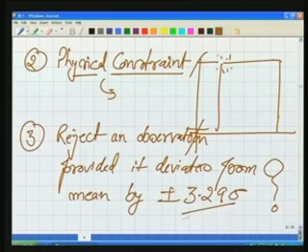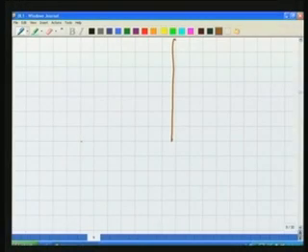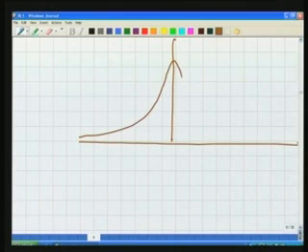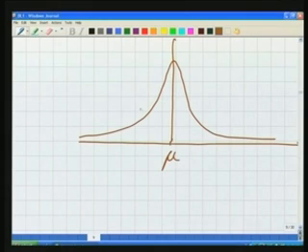Why 3.29 sigma? Well, if you look at the normal distribution curve, it is like this, where this is the mean and we will have the standard deviation somewhere here, minus sigma and plus sigma.